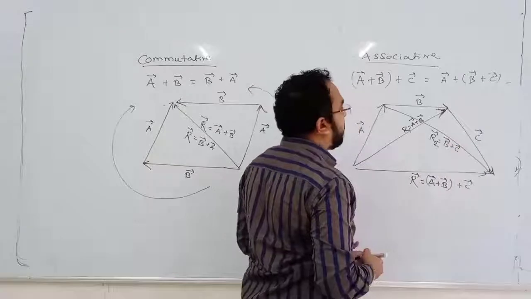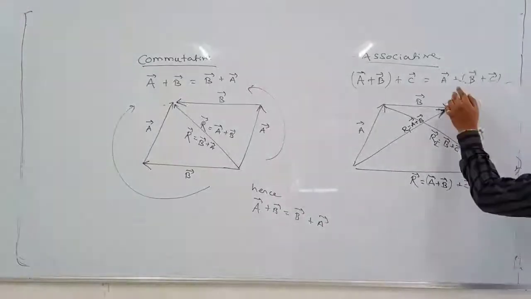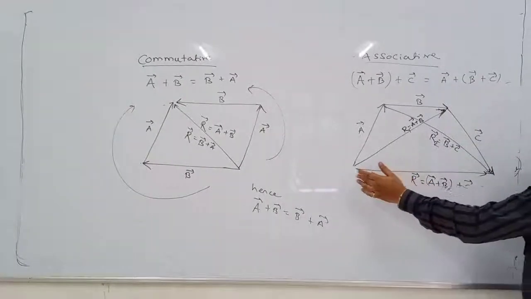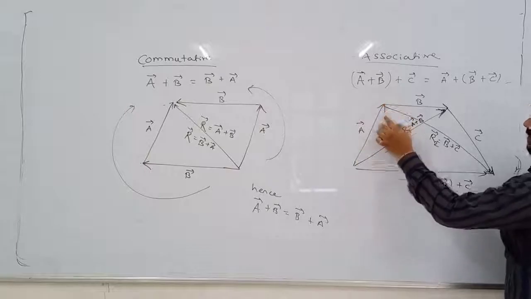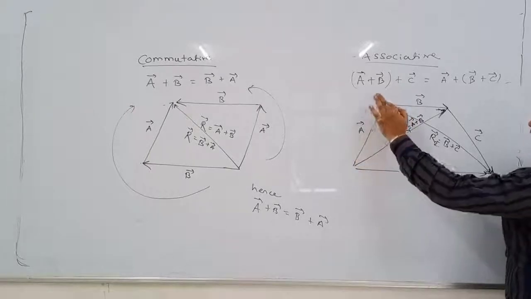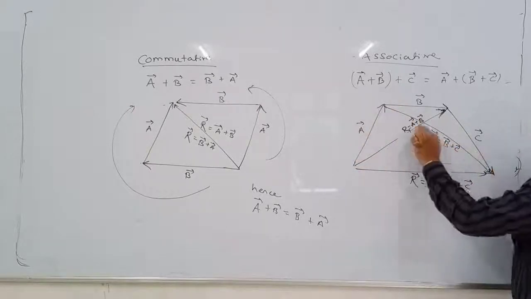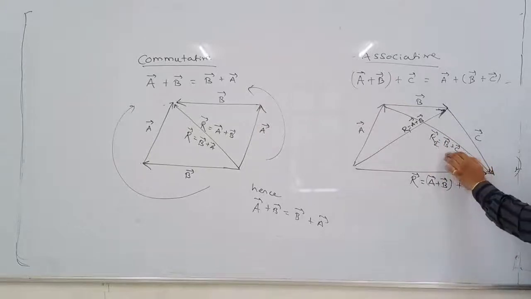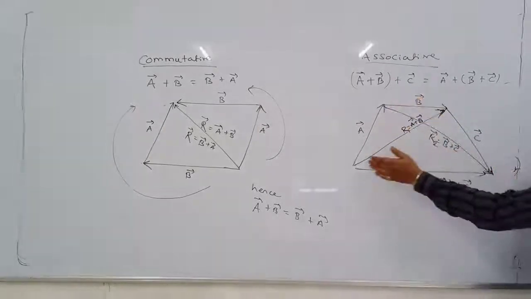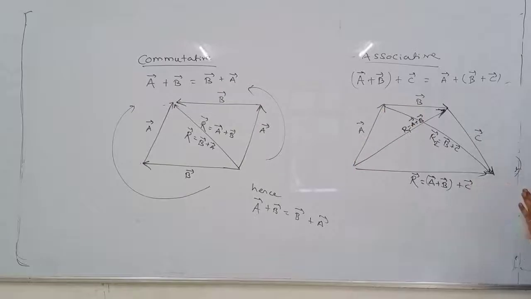Now we have A and B plus C. This is vector A, tail-head vector A. This is vector B plus C. A and this B plus C, tail-head, in the same manner.